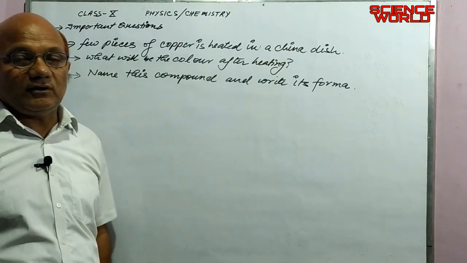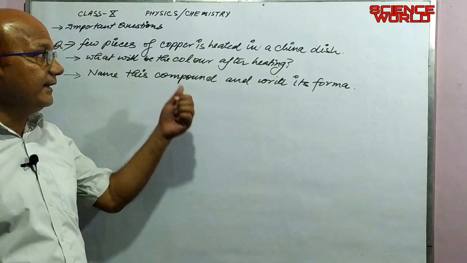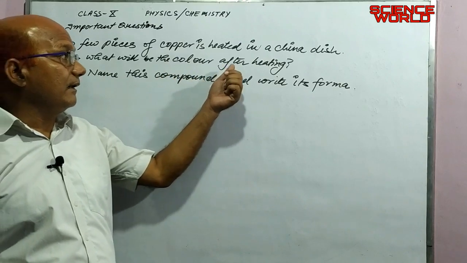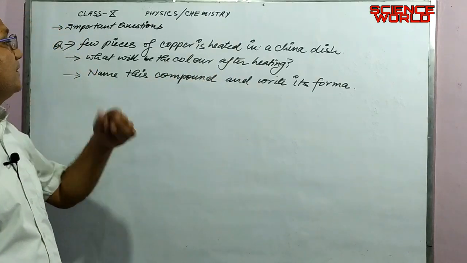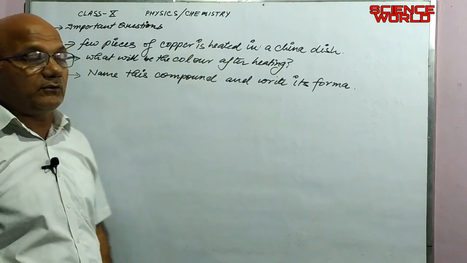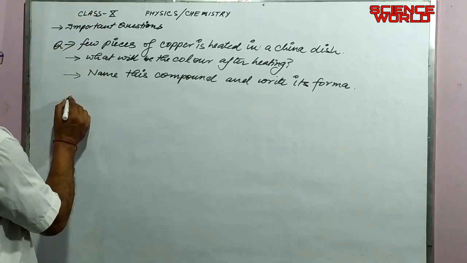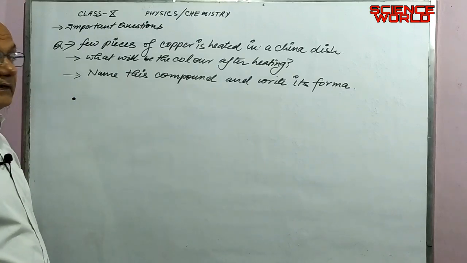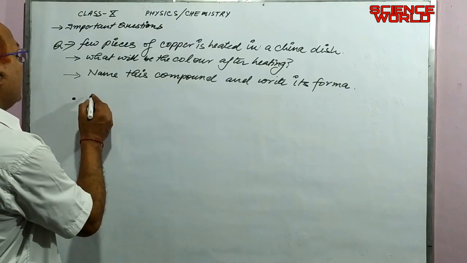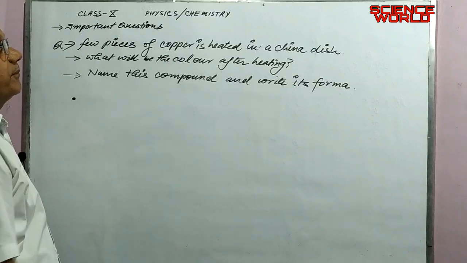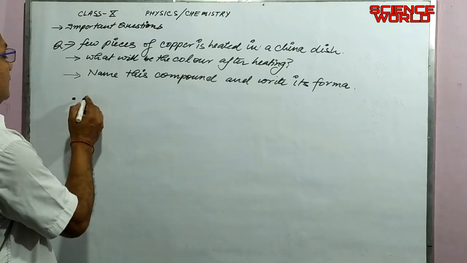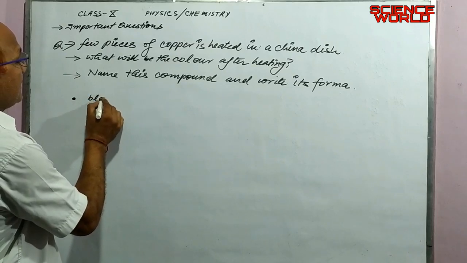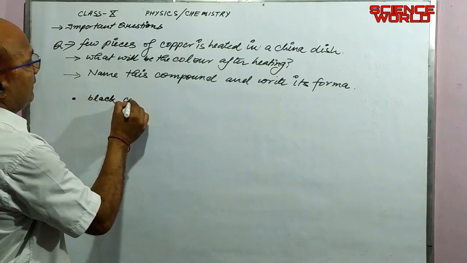When few pieces of copper is strongly heated in a china dish, what will be the color after heating? And name this compound and write its formula. So actually, when copper is heated strongly, it forms copper oxide, so the color changes to black.